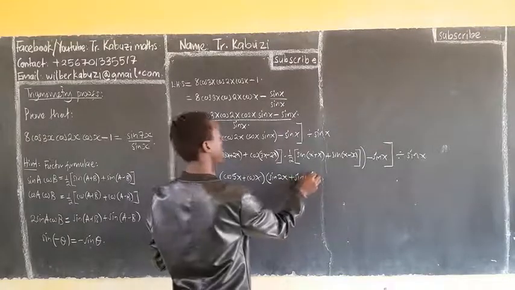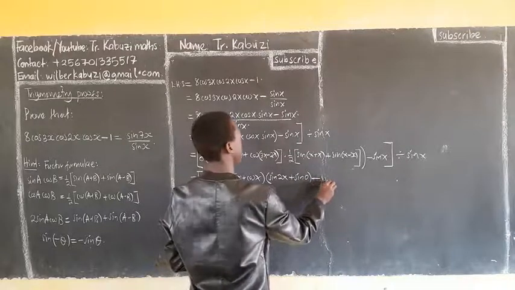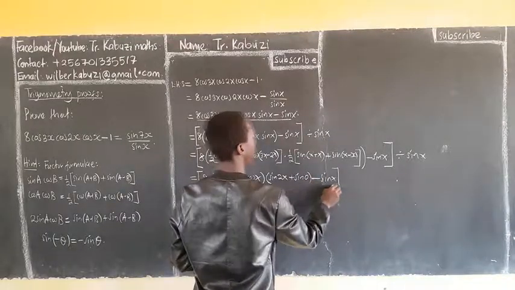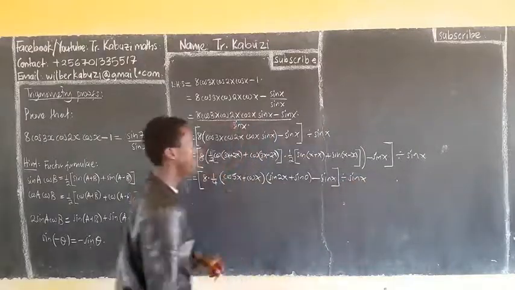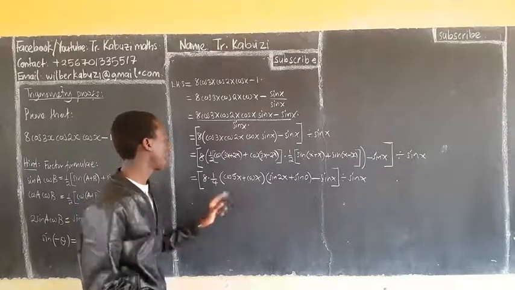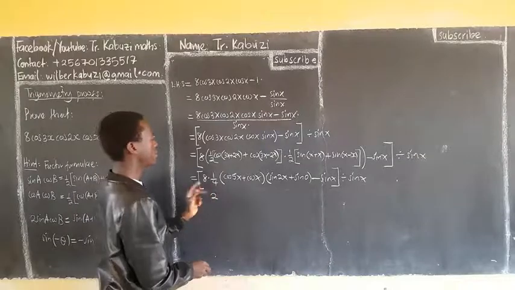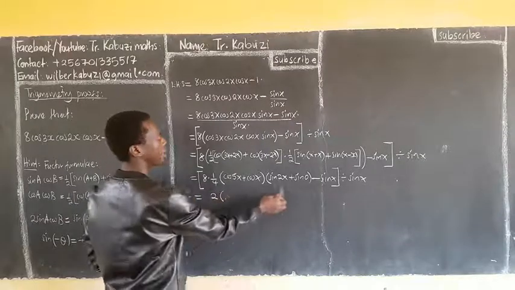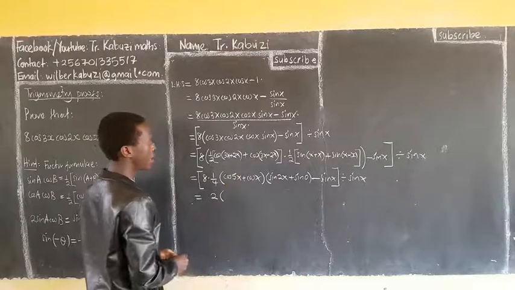Then the whole of this, we are subtracting off sine x, and after dividing with sine x, this denominator. Now this will be 0. I'm going to multiply. Here I'm going to be adding a 2 out. Then I have now sine 2x times this.